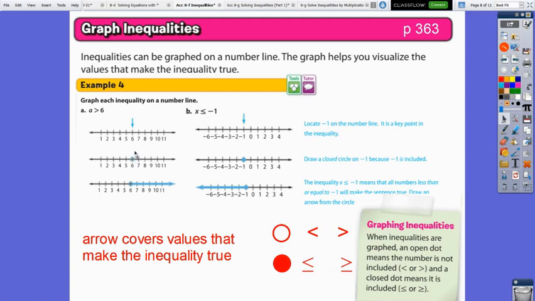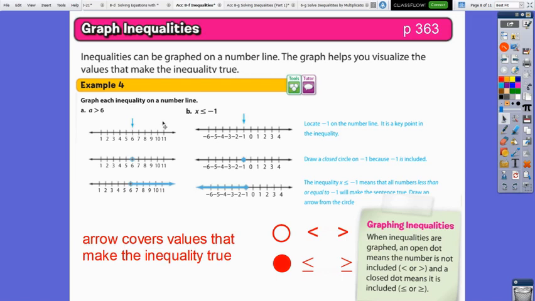That means it's every value right up to 6, but not 6 itself. Then you have to decide, is it numbers to the right of 6, bigger than 6, or numbers to the left, less than 6? The inequality is a is greater than 6, so that means we cover all of the numbers to the right, because these are all numbers that are greater than 6 that make the inequality true.